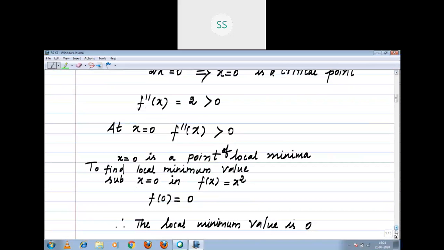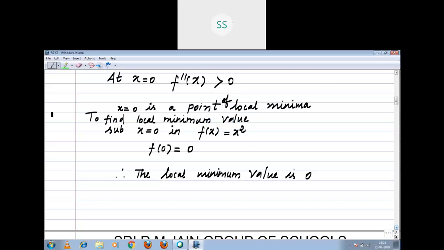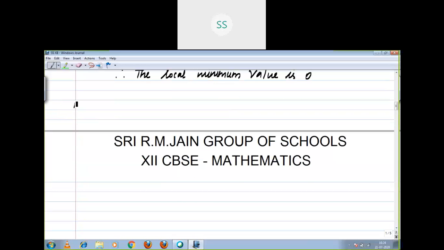Now I am going to move to the second subdivision. F of x equal to x cube minus 3x.